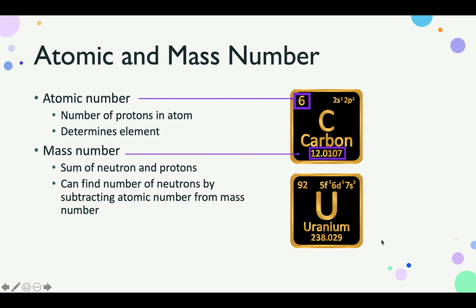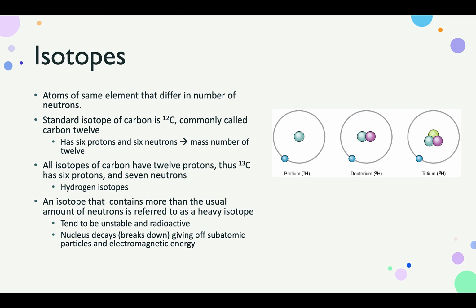So the periodic table of elements arranges elements in order of their atomic number and organizes elements according to their propensity to react with other elements, which we'll get into more when we discuss bonds. Although each element has a unique number of protons, it can exist as different isotopes, which are atoms of the same element that differ in number of neutrons.